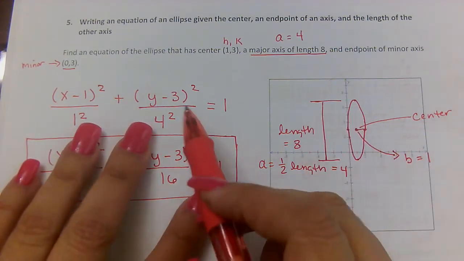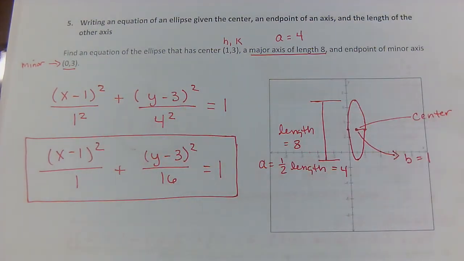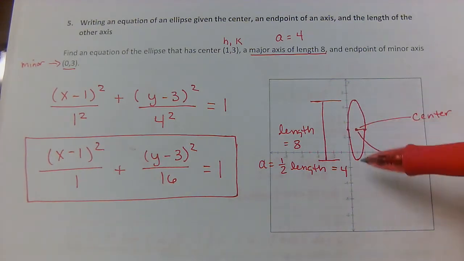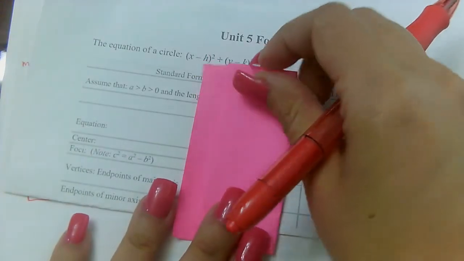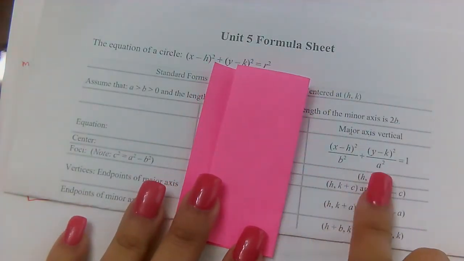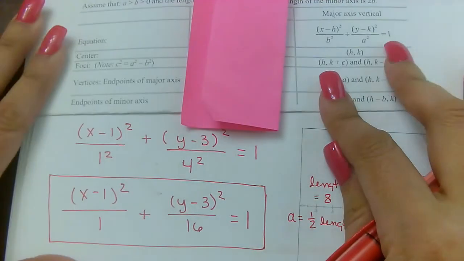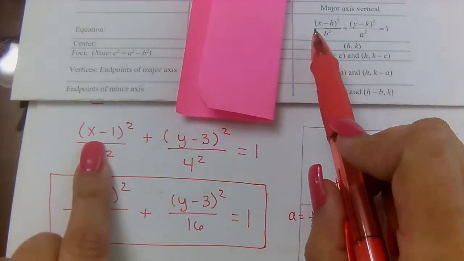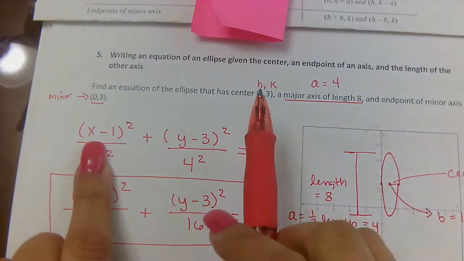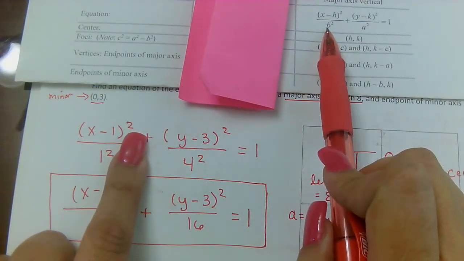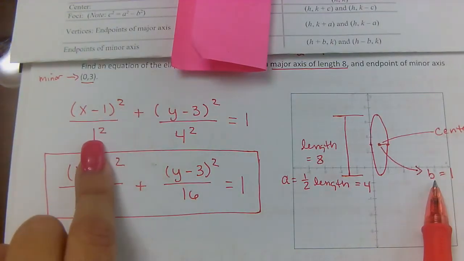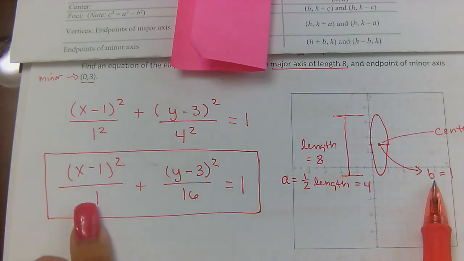Okay. So when I do this in the graph, I can see that my major axis is going to be a vertical axis, so I can eliminate these equations here. This is the format that I'm looking for. Okay. So first thing I did, x minus h. Remember, h is 1, so (x − 1)² divided by b². Well, if b is equal to 1, b² is going to be equal to 1.